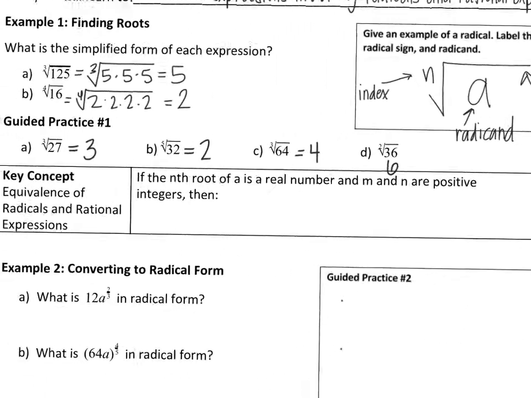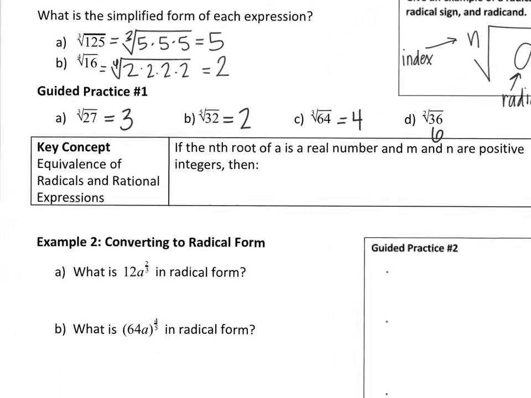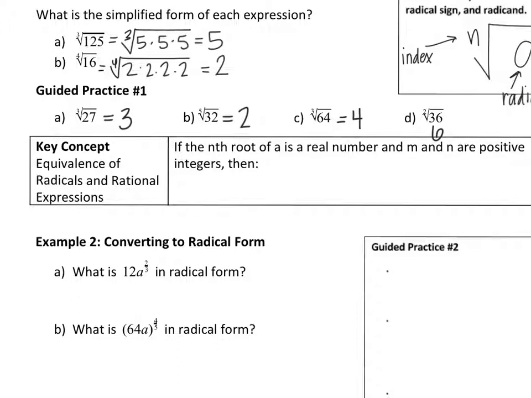Okay, key concept: equivalence of radicals and rational expressions. Pretty much what this key concept means is that if you've got a to the 1/nth power, that's the same thing as the nth root of a.